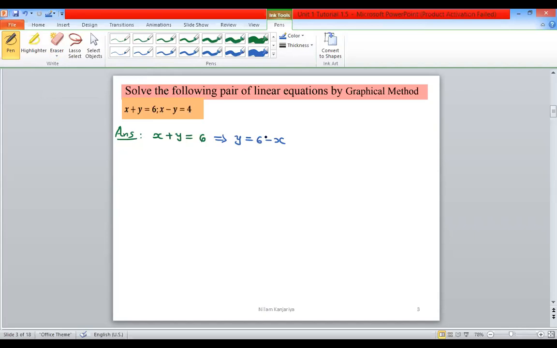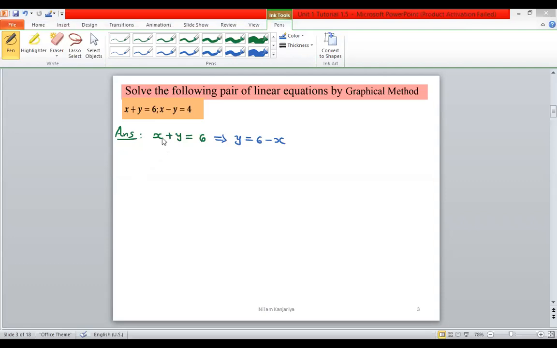You always make y the subject when you use the graphical method. All students must remember this note. Now, your next step.